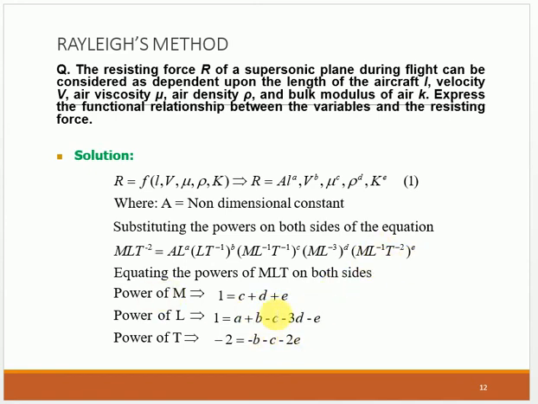So 1 will be equal to c plus d plus e. This is equation number 1.